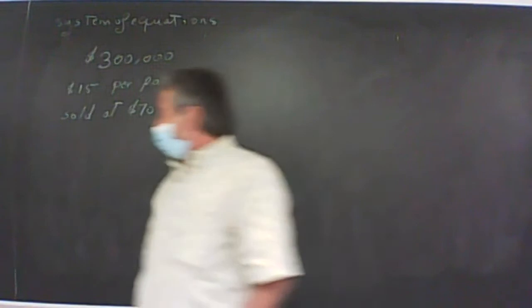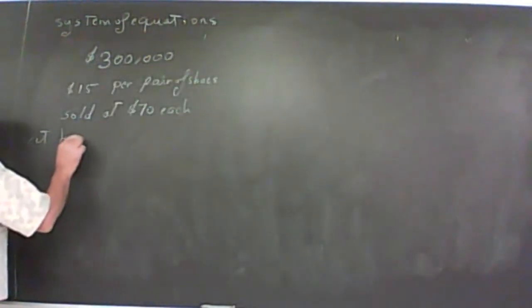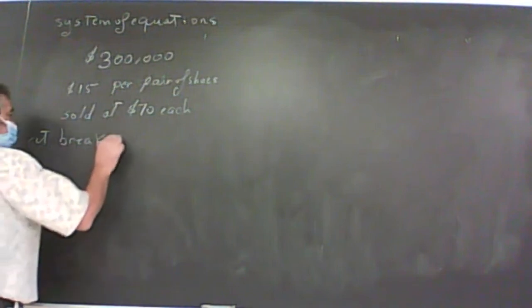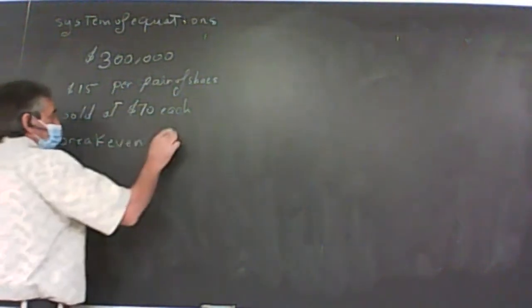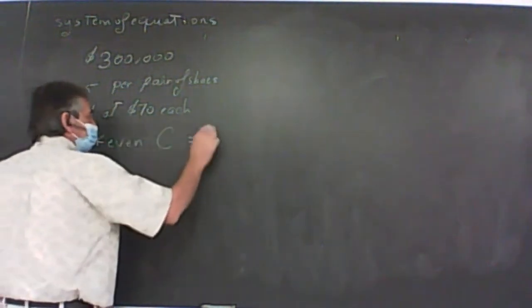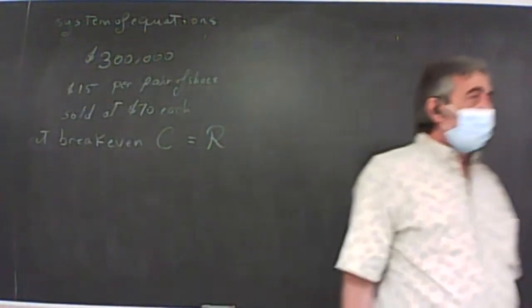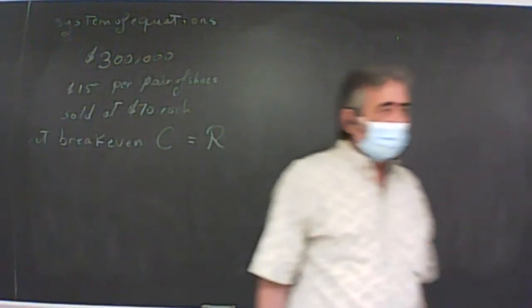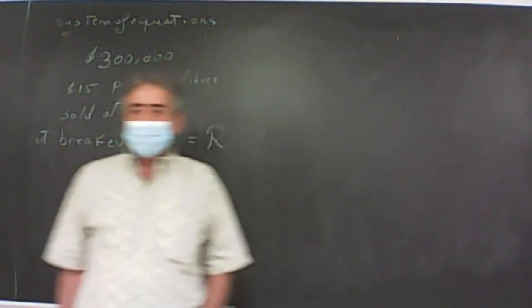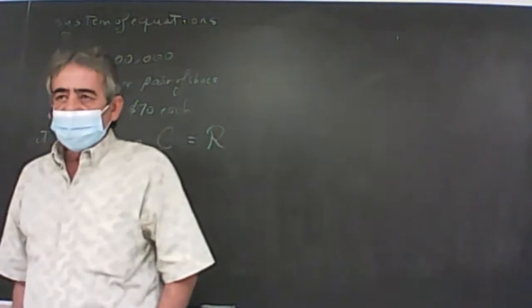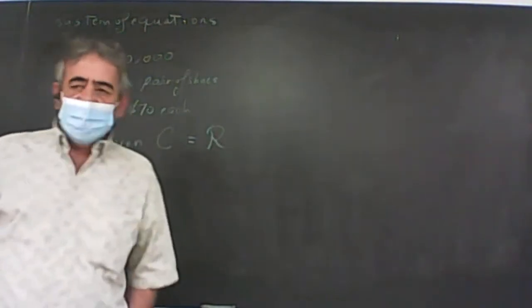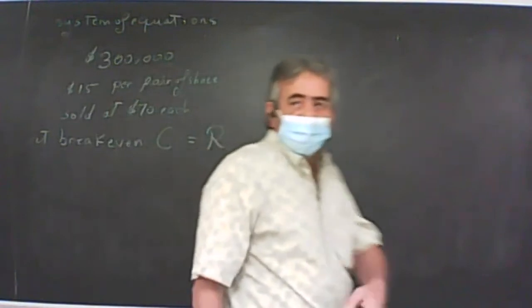Yes? So now we say, at break even, cost must equal revenue. So this is the big idea. The cost has to equal revenue. Yes? So we need to create a function for the cost.